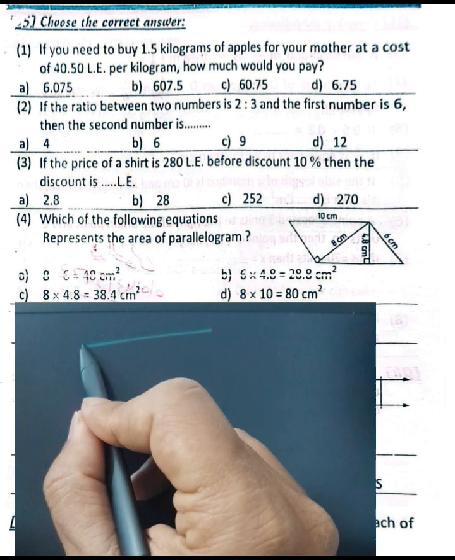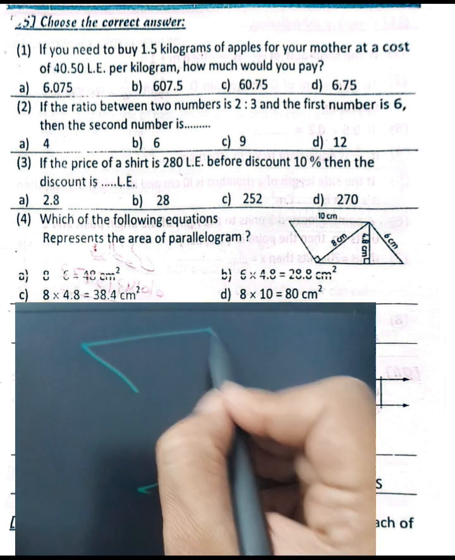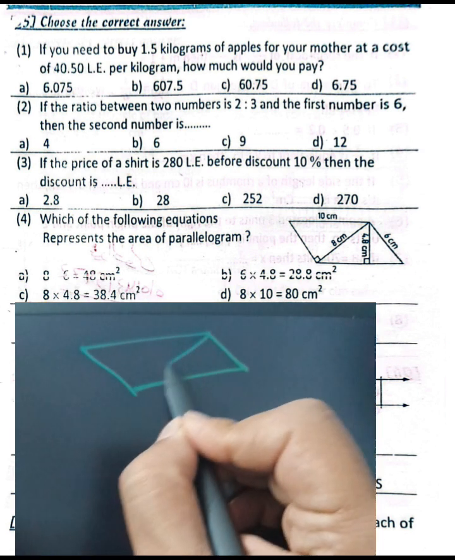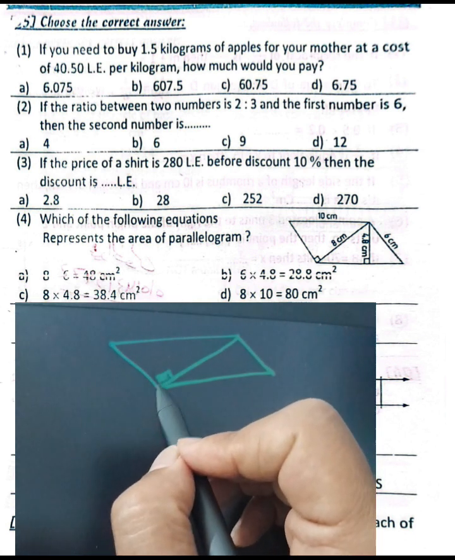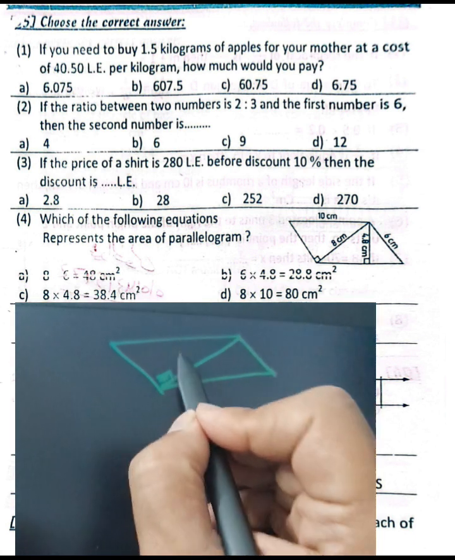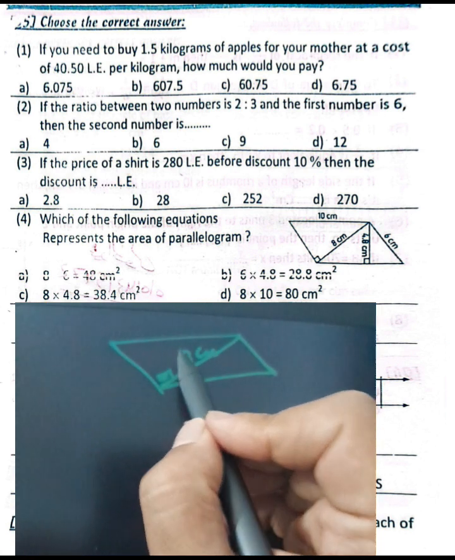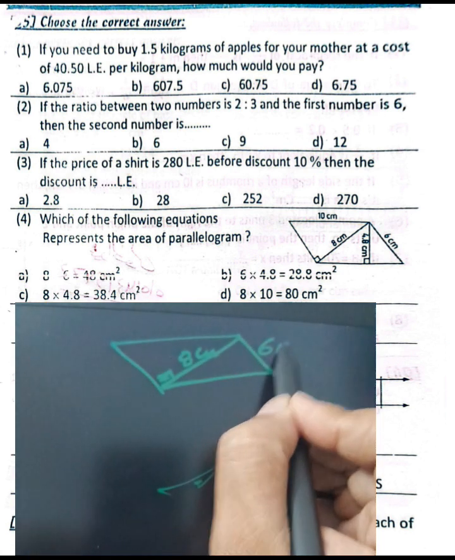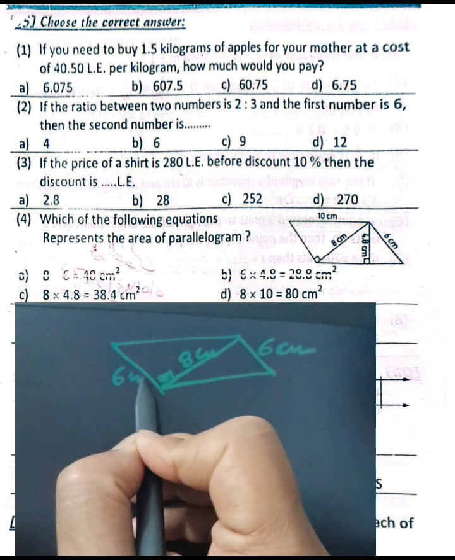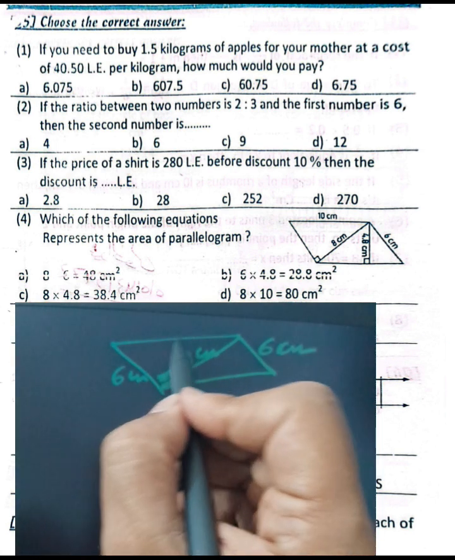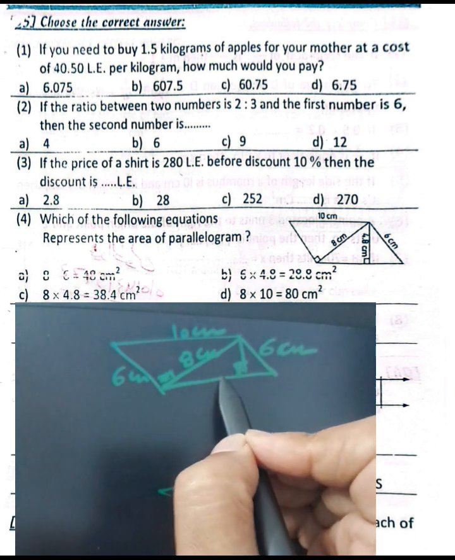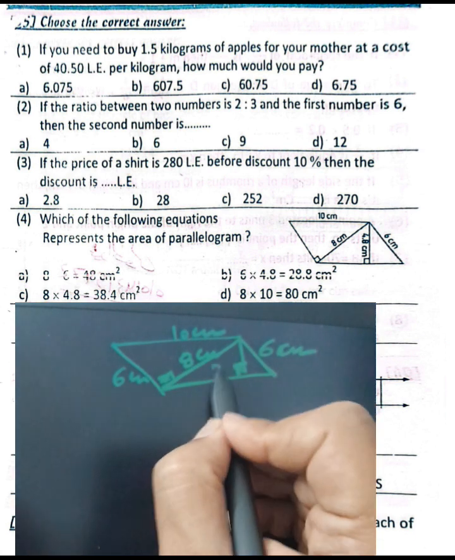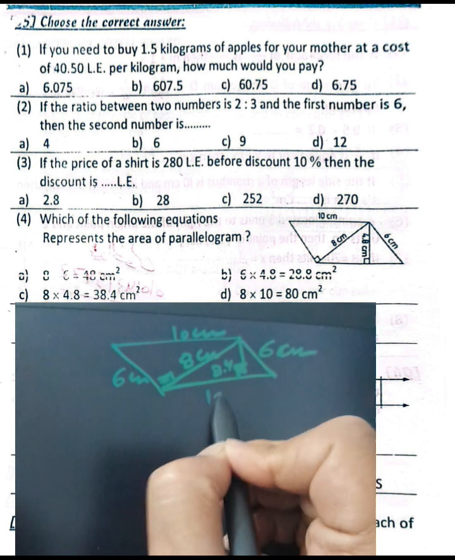He gives us this parallelogram here, and this side perpendicular to this diagonal was 8 centimeters, and here 6 centimeters, and this side will be 6 centimeters, and we have 10 centimeters, and the height here will be 8.4, and this side was 10 centimeters.